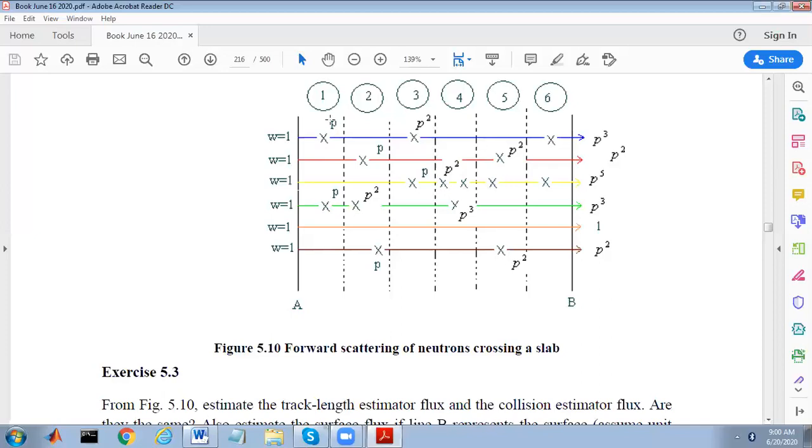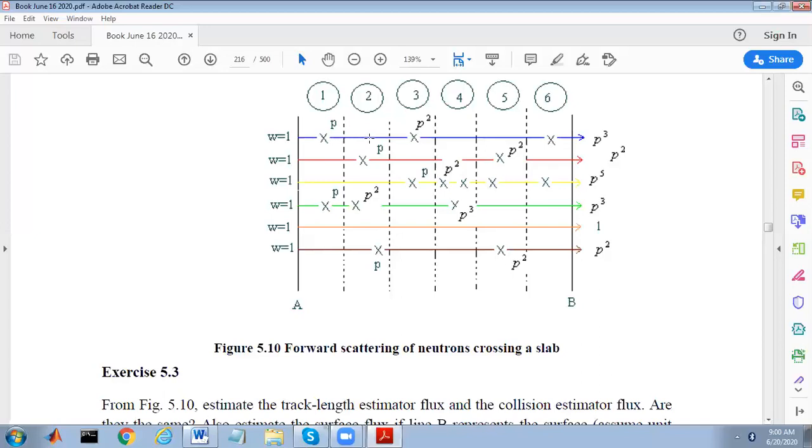Let's say the survival probability, which is small p, is sigma s over sigma t. If this is 0.6, then instead of 1 neutron coming out, 0.6 neutrons have come out. If these represented 100 neutrons, now 60 neutrons have come out, 40 have been absorbed. We'll always keep this number less than 1. So p is the survival probability out of the first collision in the first region.